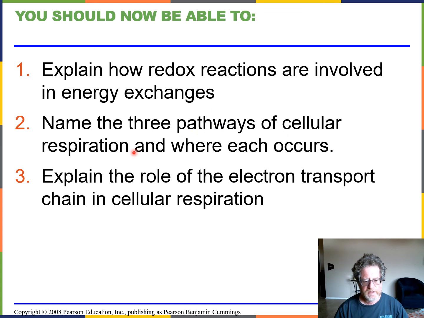The pathways of cellular respiration. So glycolysis is in the cytosol, the liquid part of the cytoplasm. Oxidative phosphorylation is the last pathway, and that's a combination of electron transport and chemiosmosis. That happens on the inner mitochondrial membrane. And the ones in the middle are the ones we kind of forget sometimes.